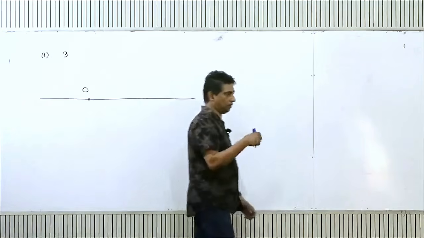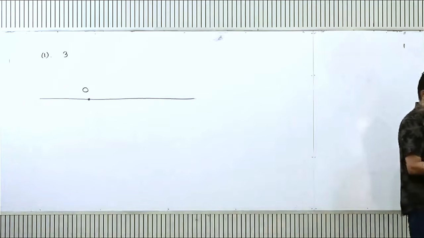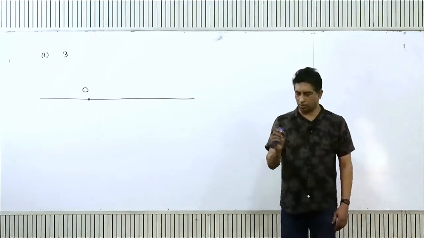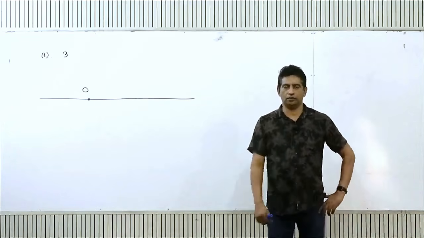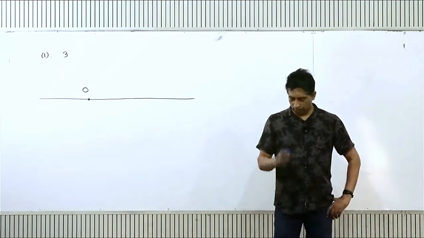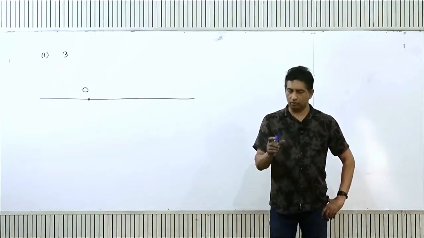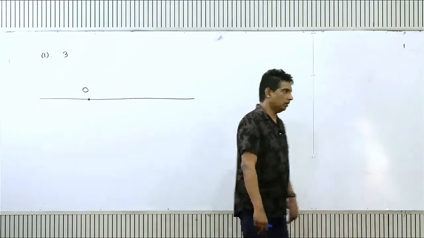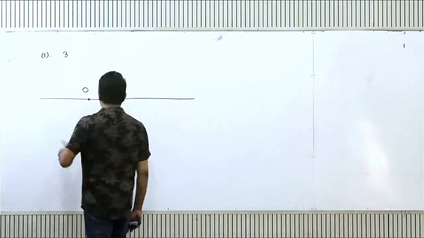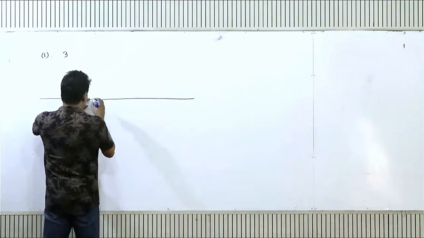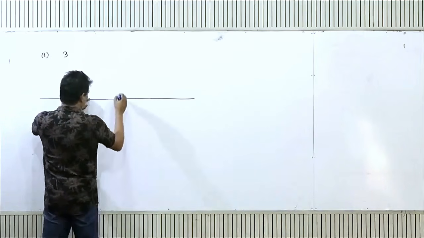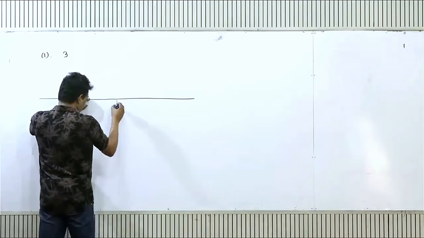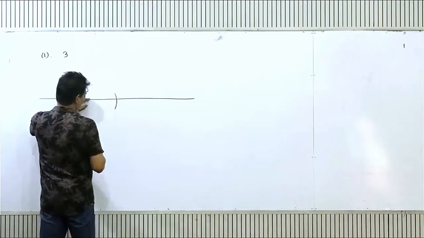It can be 1 centimeter, 1 inch, or 5 centimeter. The distance doesn't matter what you take. Then you put the tip of the instrument here, and by using that compass, you cut this straight line like this. That is enough.